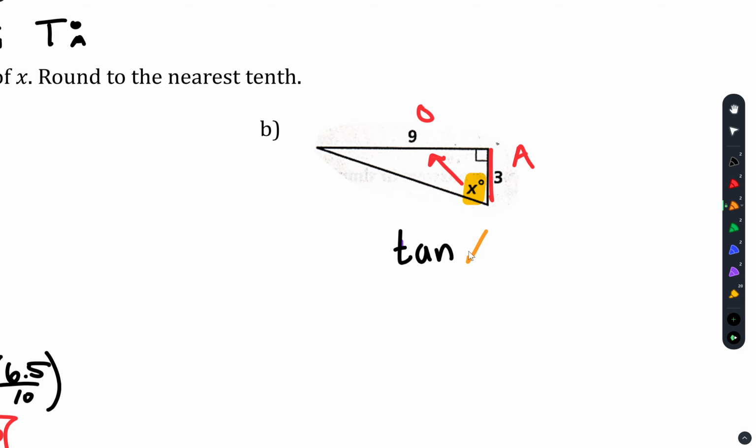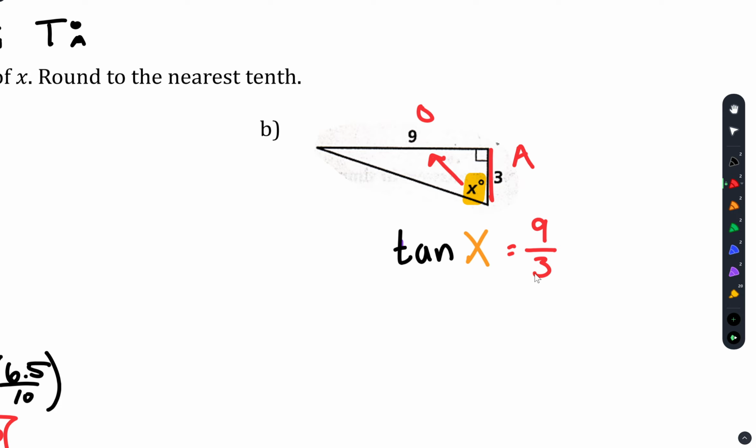X, because I don't know that angle. And then it equals what? 9 over 3. Opposite over adjacent. Because this one is so easy to simplify, you can simplify that to 3. It doesn't change your value, but you don't have to. As long as your final answer is whatever decimal it is, you're fine.